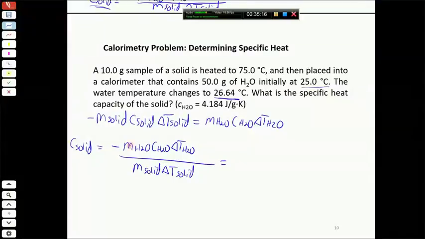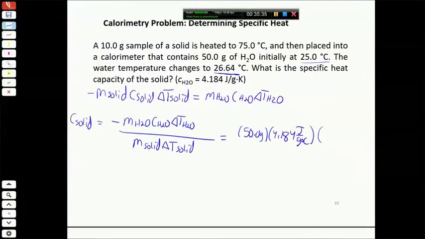So this top term here, the mass of water, we're told is 50 grams. The heat capacity of water we're given here, but it's one you should know, as I said, 4.184. And then we need the delta T for both the water and solid. So delta T for the water, remember that we have to have two different values here.